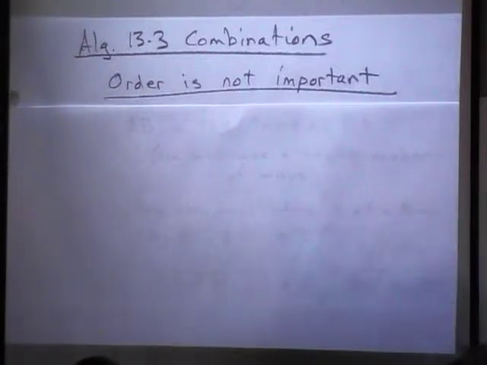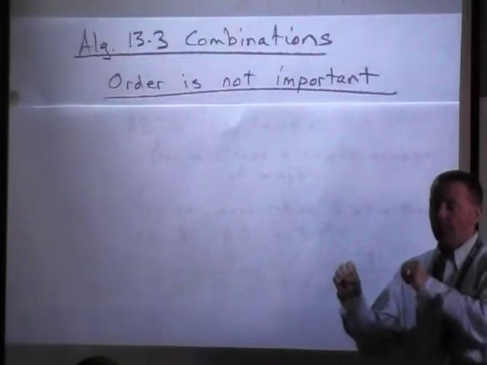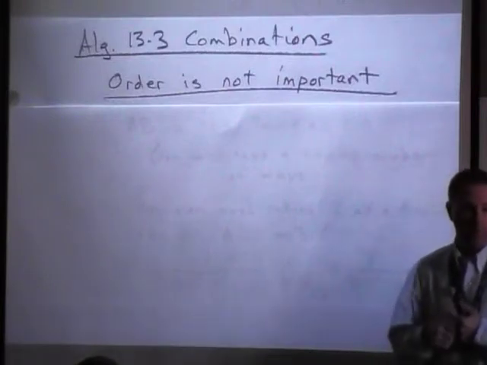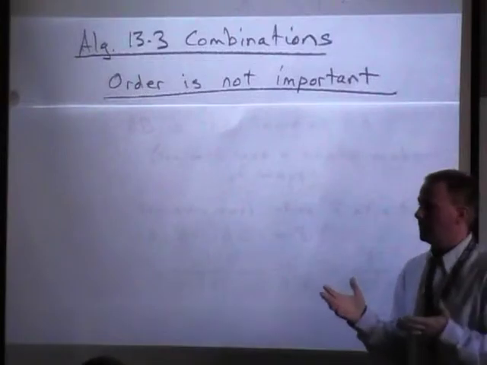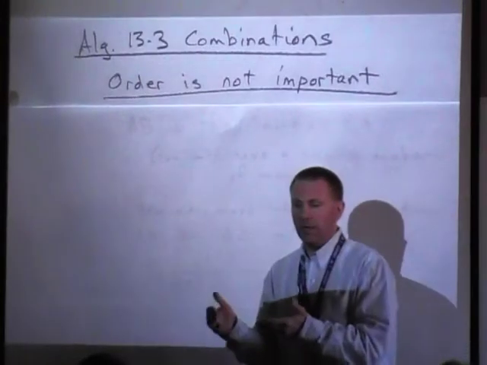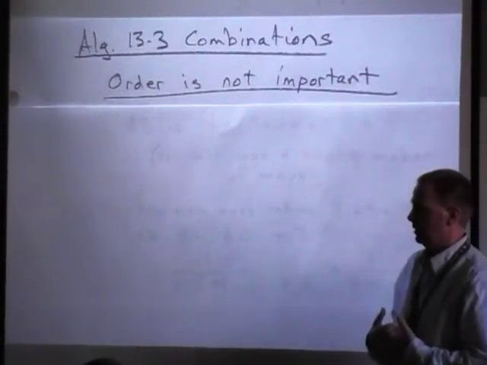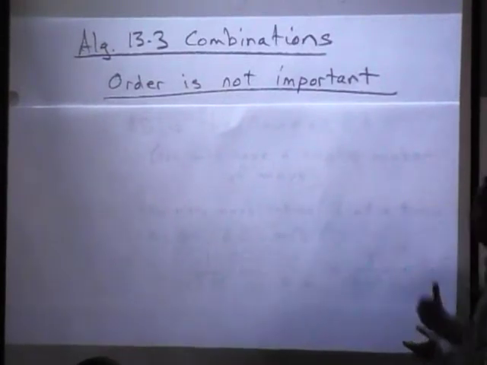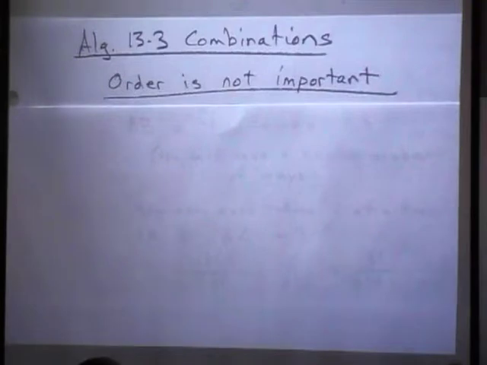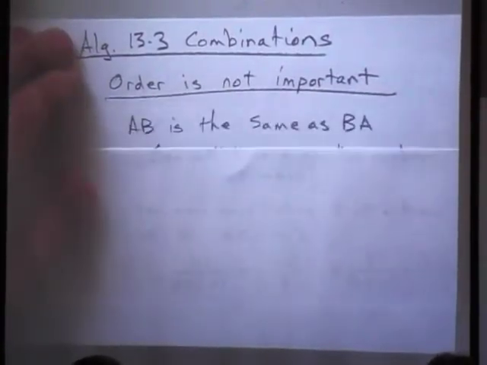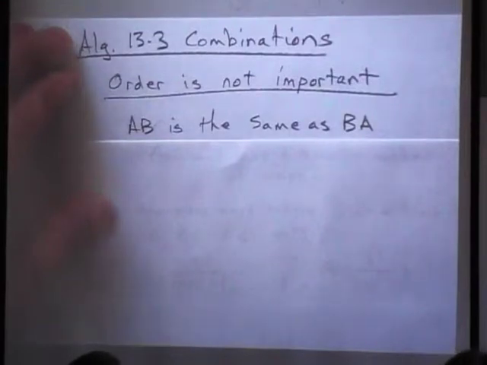Combinations is talking about order being not important. If you think about the simple example AB and BA, are they the same thing or separate? If order is not important, they're the same thing.